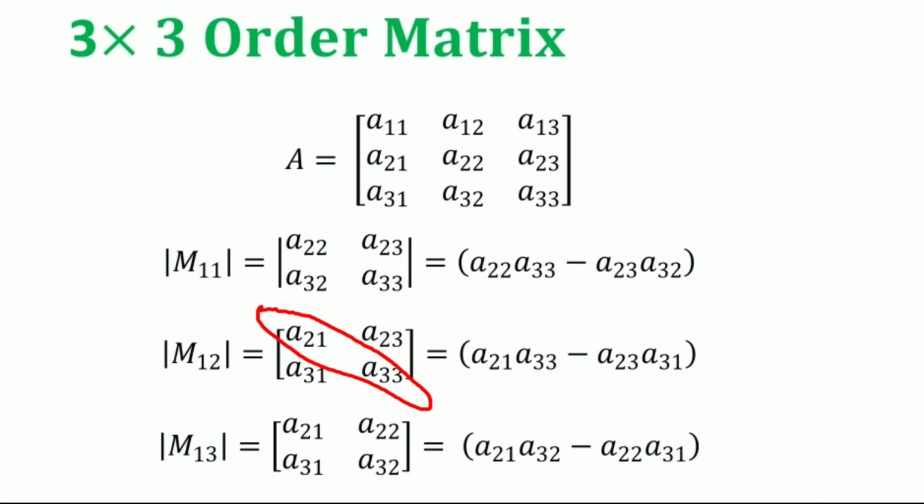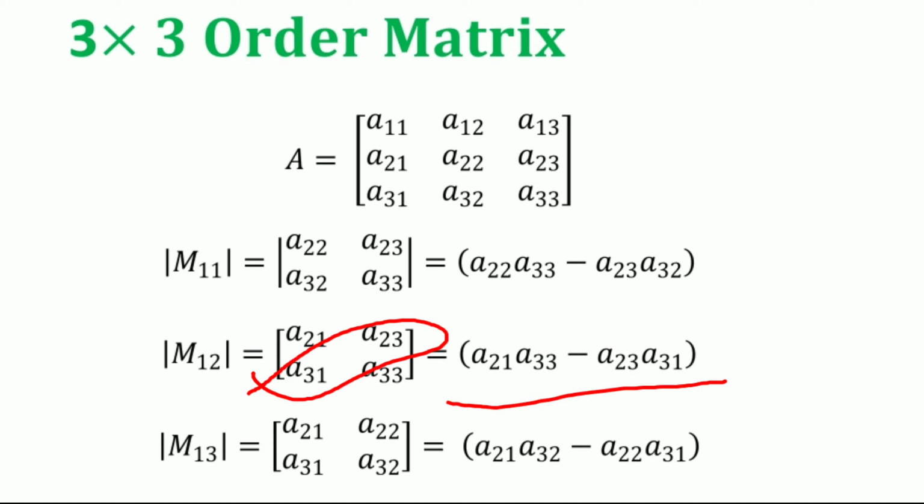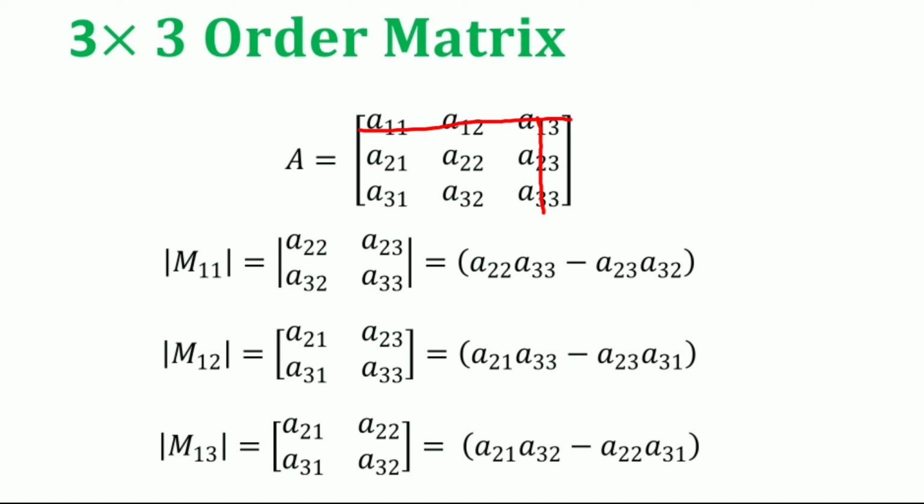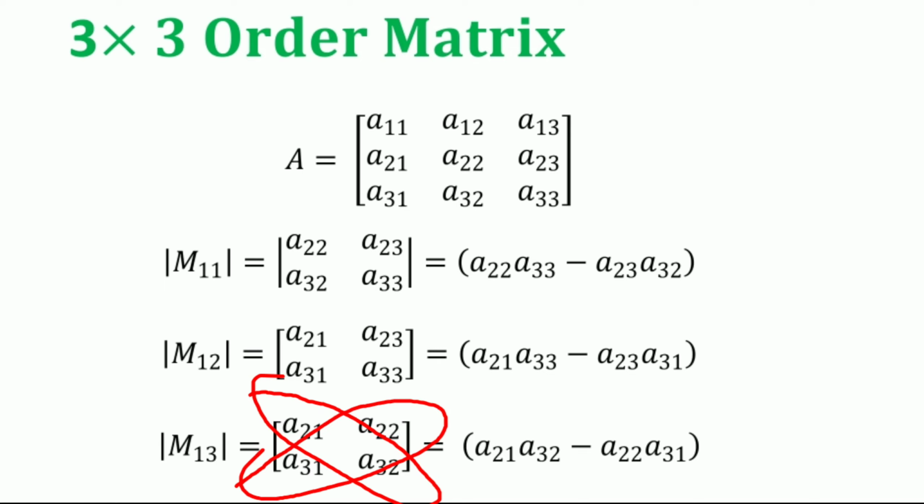The minor is then A21 into A33 minus A23 into A31. Then we have the third minor, corresponding to the third element A13. By crossing out the row and column, we have the 2 by 2 matrix A21, A22, A31, A32, and the value of the minor is A21 into A32 minus A22 into A31.